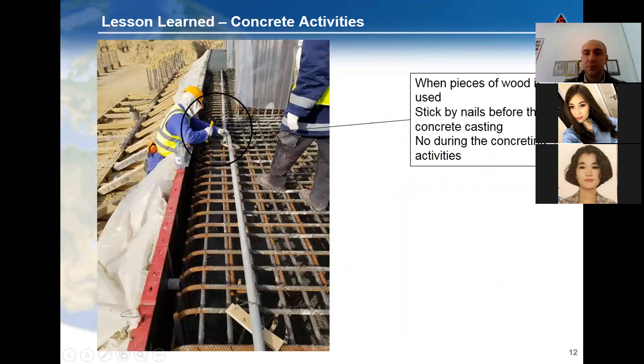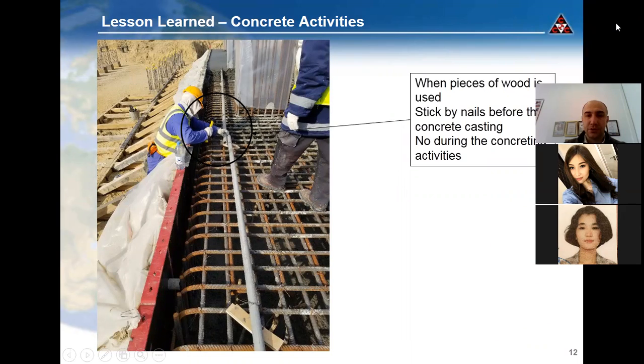So when pieces of wood are used, like you see here, stuck by nails, it should be before concrete casting, not during the concrete activities. So all works should be finished before the concreting activities start.